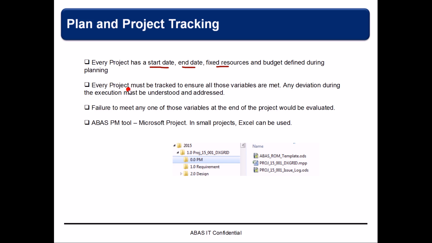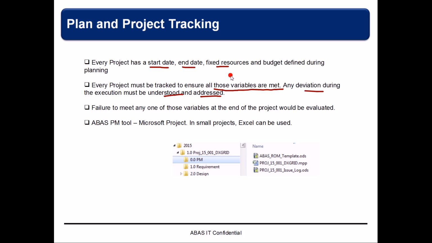Every project must be tracked to ensure all those variables are met. So let's say we have a start date like next week, but we don't start for another 2-3 weeks. That is a deviation, and that has to be addressed with the ABAS management. And any deviation during the execution must be understood, and it has to be addressed by the PM.